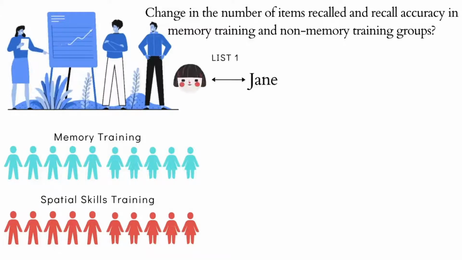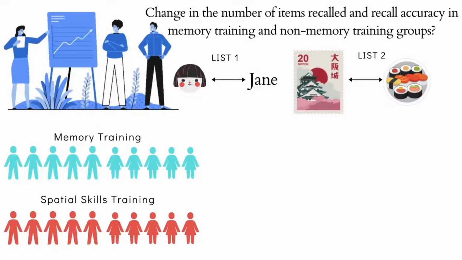In list 1, the participants have to learn 12 pairs of names and faces, and in list 2, the participants are instructed to learn different cities and famous cuisine or dishes found in those cities, 12 pairs of them as well. Following this, the participants from both groups are subjected to a pre-training test, wherein we subject them to a memory recall test.